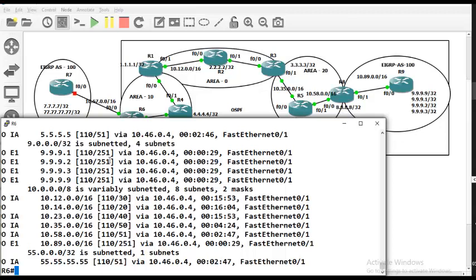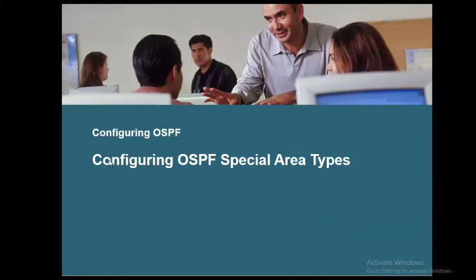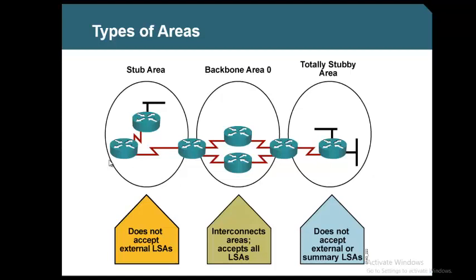Special area types. We have 4 area types: stub, totally stub, not so stubby, totally not so stubby. 4 types. What is a stub area? When you configure an area as a stub area, that area will not have type 4 and type 5 in the database.